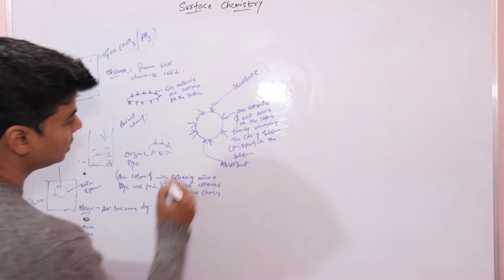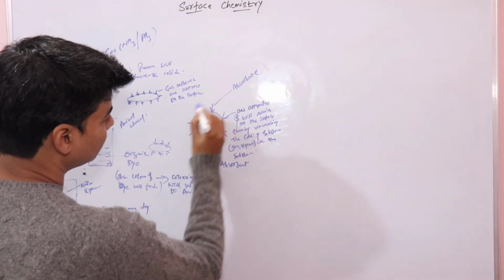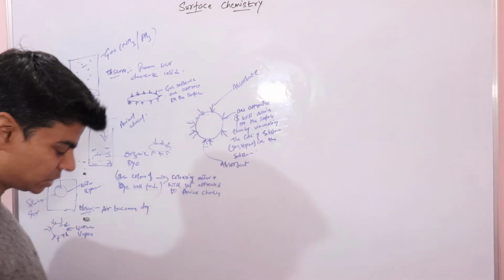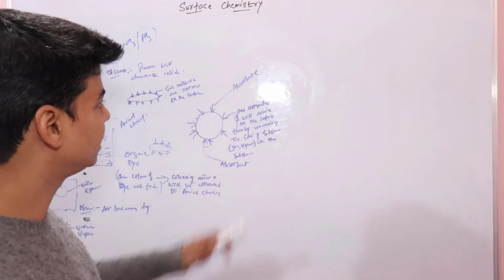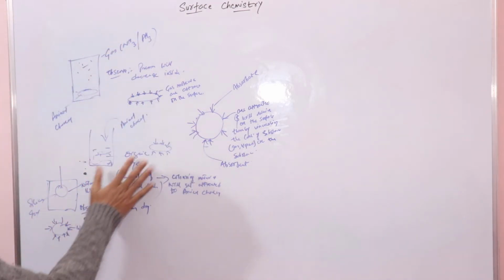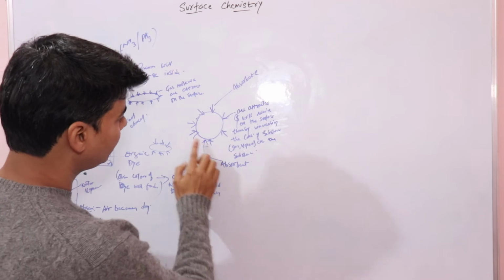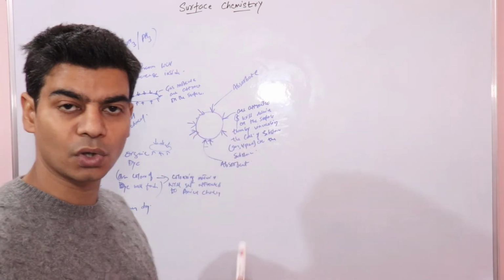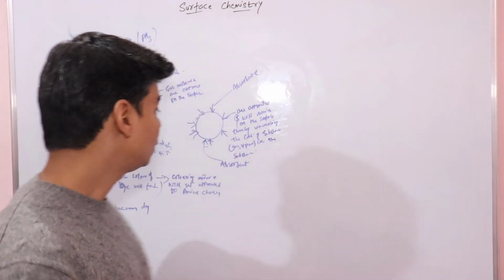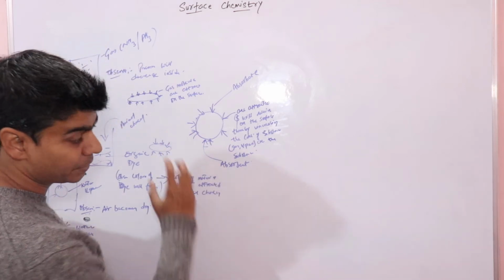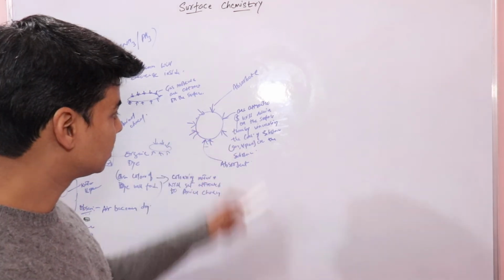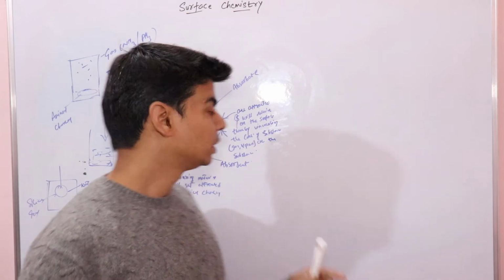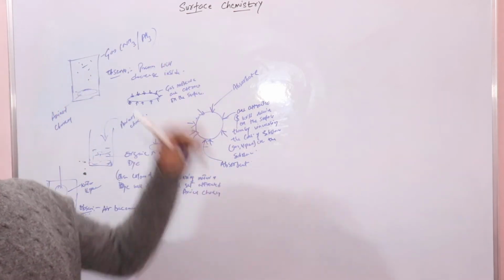Now the adsorbate, whatever substance it is, maybe a gas, a water vapor or an organic dye, remains on the surface of the adsorbent. So if you apply a slight temperature, the adsorbate will get removed from the surface.